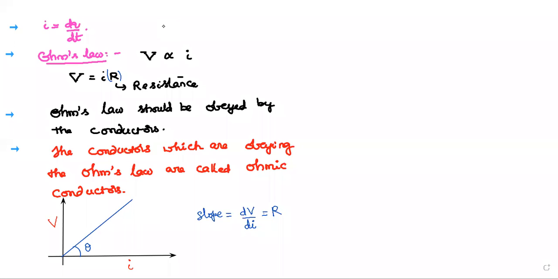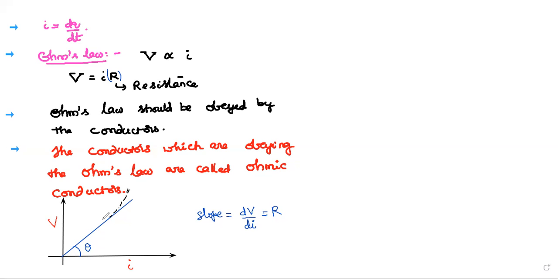Non-linearly it may go like this. What happened? Like a curve. That non-linear relationship you are finding out. If that non-linear relationship starts even at lower voltages, they are called non-ohmic conductors.